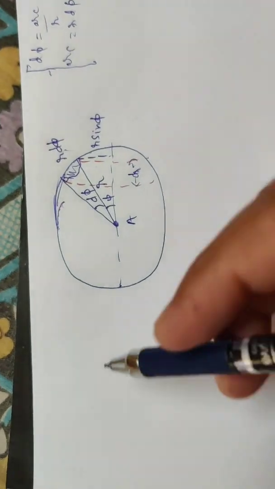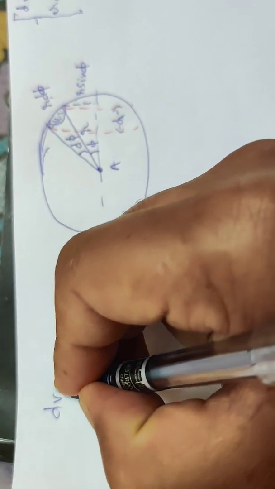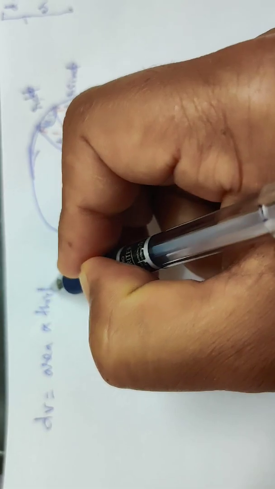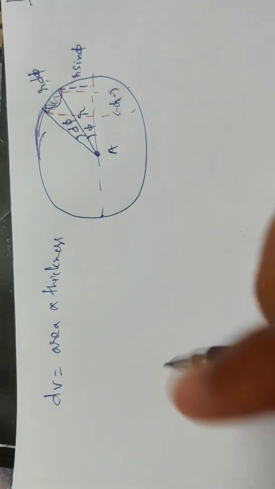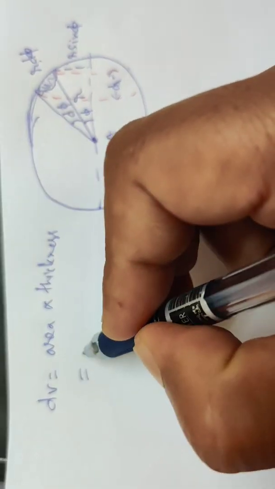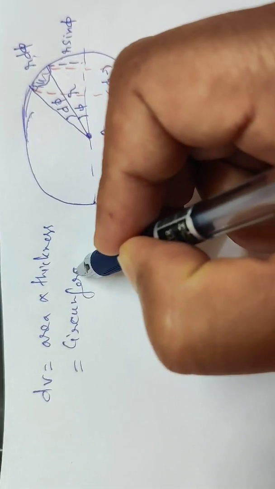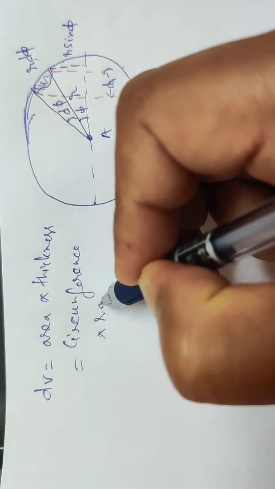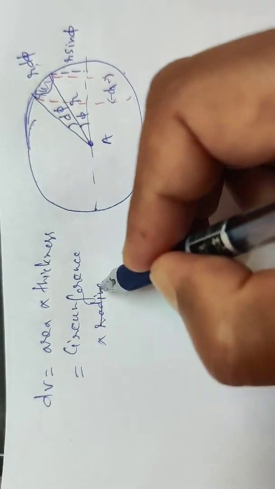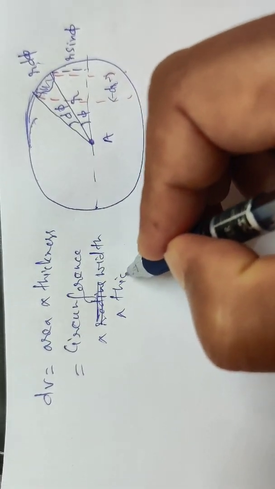Therefore dv will be area into thickness. Area will be circumference into width, into thickness.